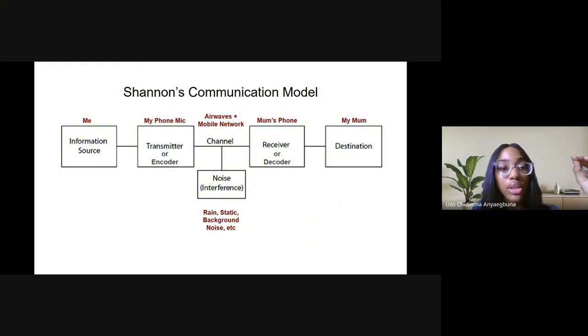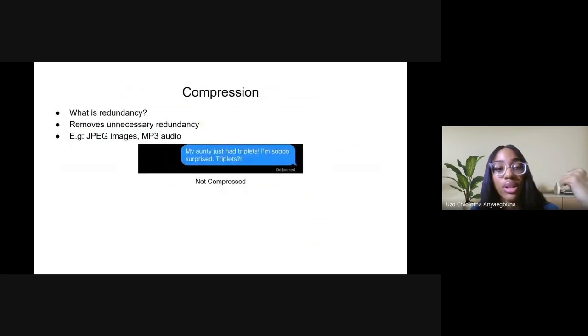So from the channel, it goes over to my mom's phone. That's the receiver or the decoder. It converts the signal back into audio to reach my mom, who is the final destination that can hear and interpret the message. That will allow us to move on to compression.